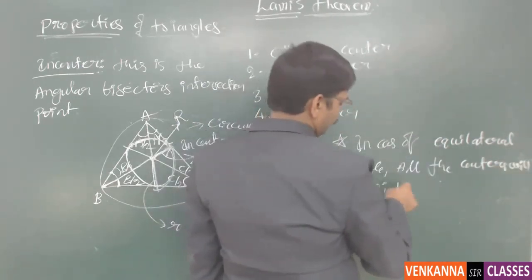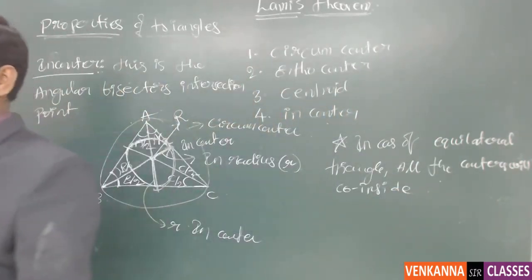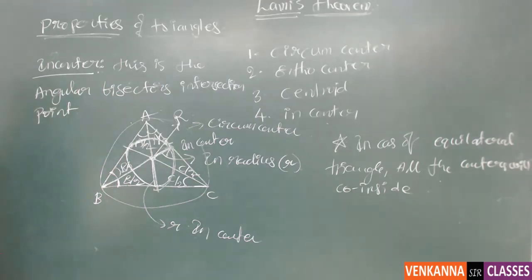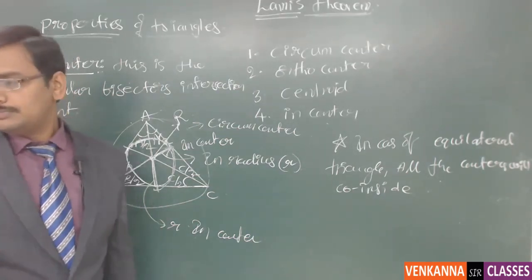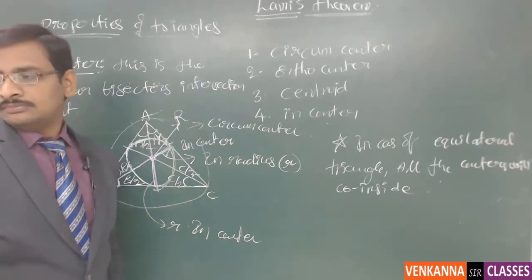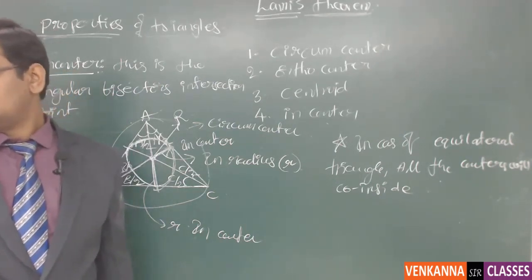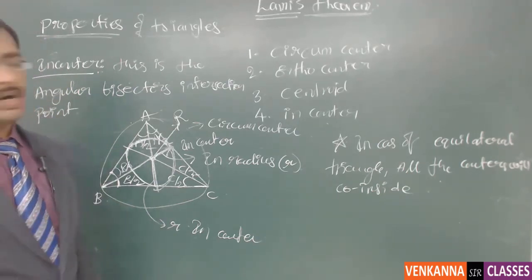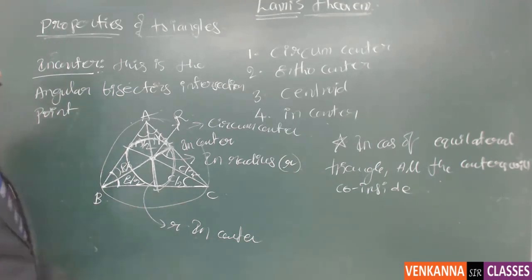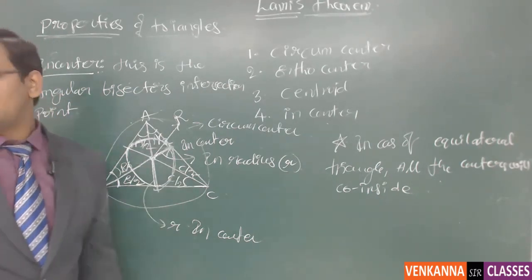So this is one of the important properties. Got it? Understood? Or do you have any questions related to this geometry? So all these things are fundamental to understand Lami's theorem, because based on these properties he will be asking the questions.